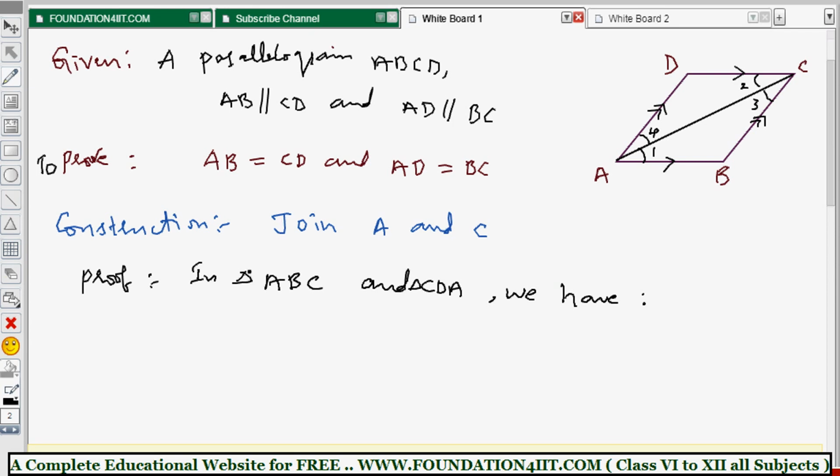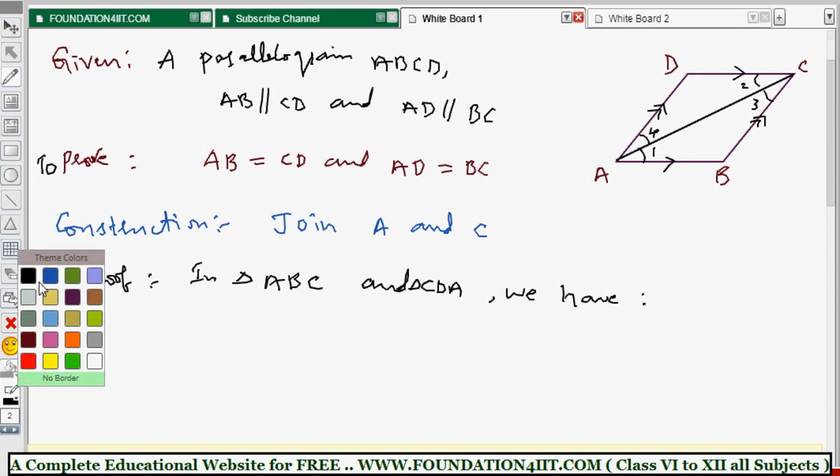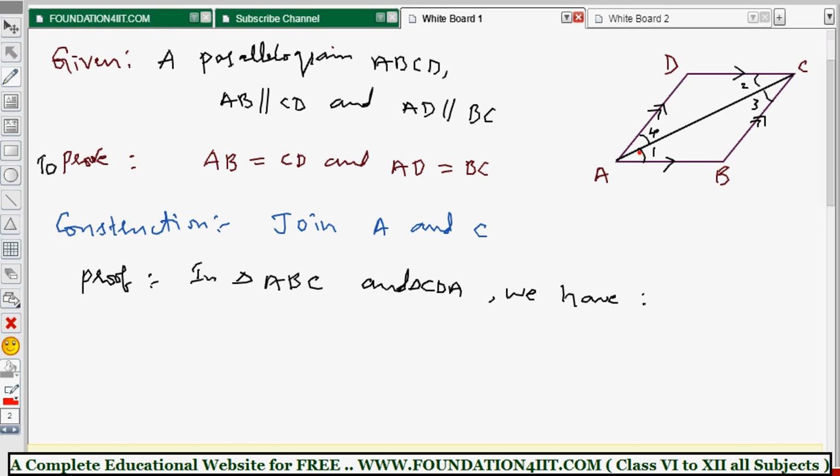When you observe here, angle 1 and angle 2 are equal, because AB is parallel to DC and AC is a transversal. So alternate angles are equal. So angle 1 is equal to angle 2, and the reason is alternate angles.